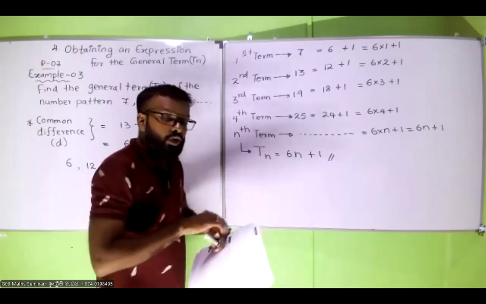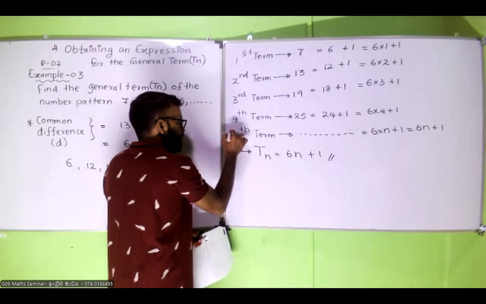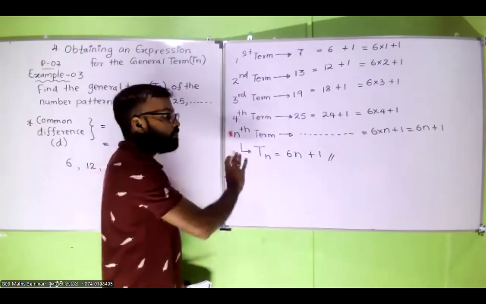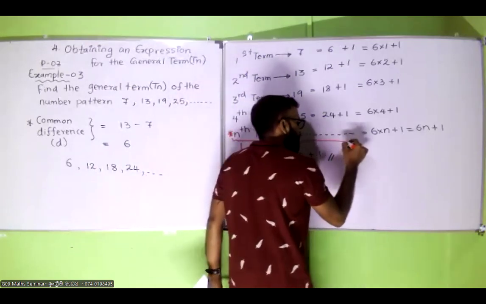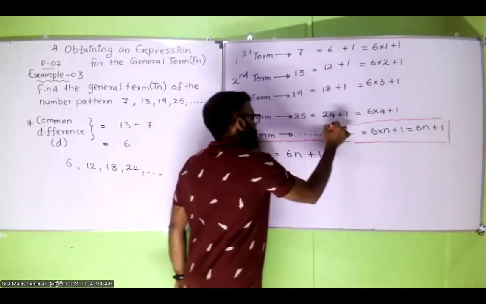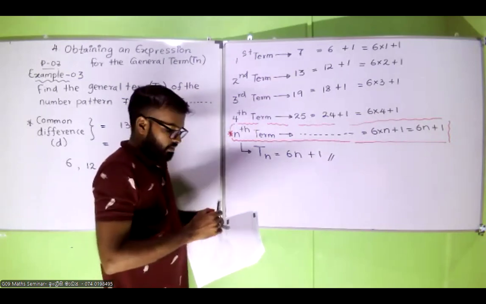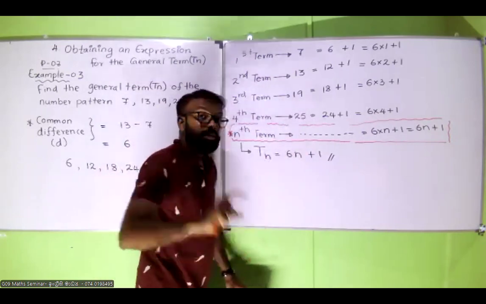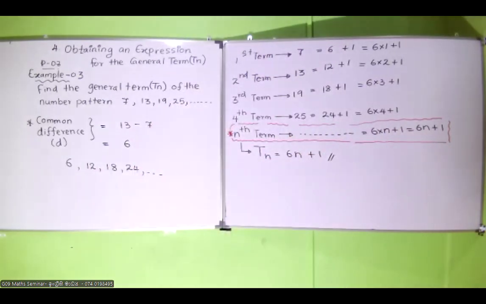So you need to definitely write this one. It is a must. You need to definitely write this step: how to find the nth term. This step is a must. Alright? Don't forget that.